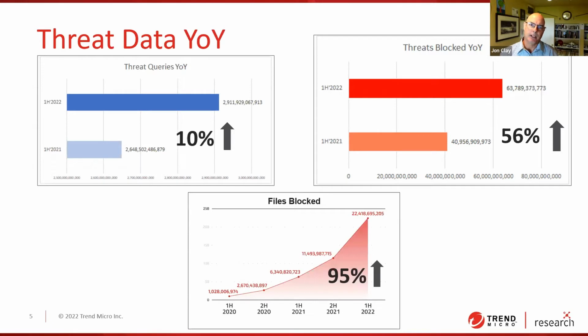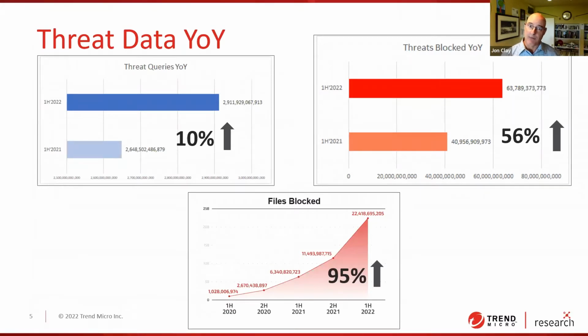One of the areas, when we break down these threats by different attack areas, whether it's email or web or file. On the file side, you can see in this chart, we actually had a 95% increase in malicious file detections year over year.